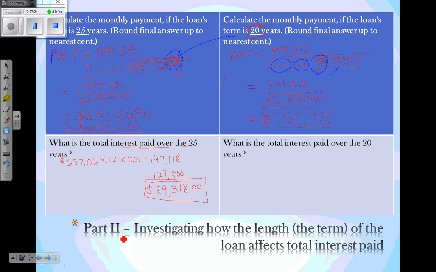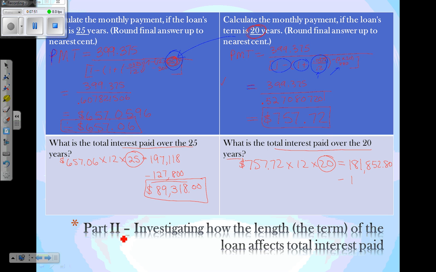So to figure out what your total interest paid over 20 years is, you now take 757.72 times 12 times 20 this time. Be sure you use the 20, not the 25 and not the 30, and you get $181,852.80.